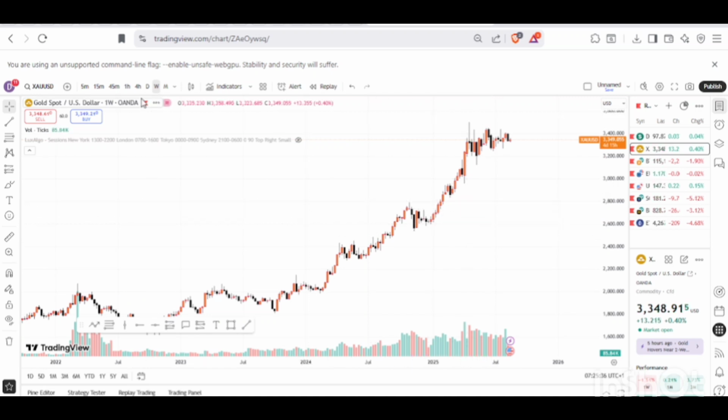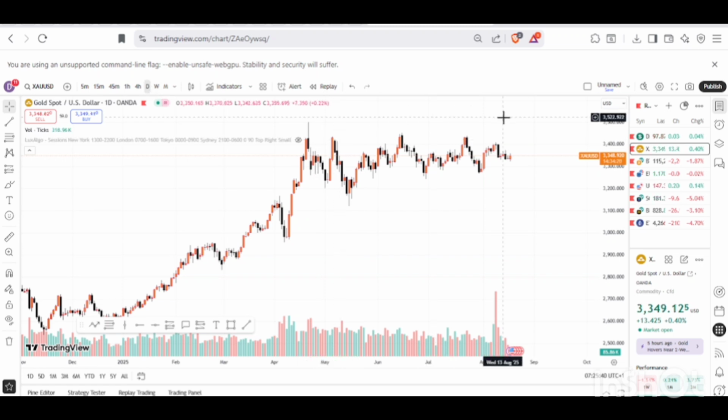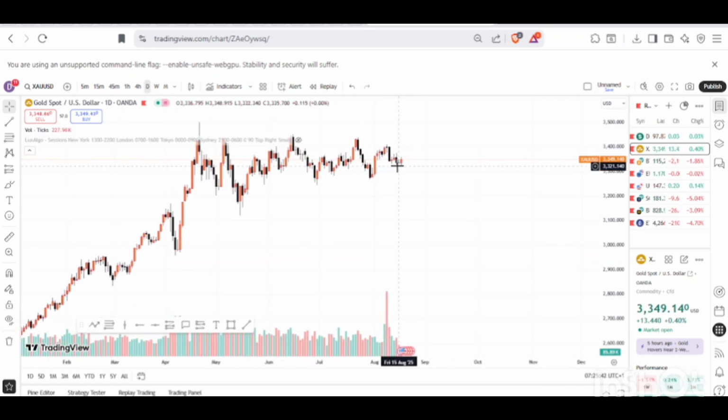Today is Monday. I'll come back to the daily, and on the daily you can see gold is already giving us a bullish sign since market opened a few hours ago. We already have our directional bias, which is clear.